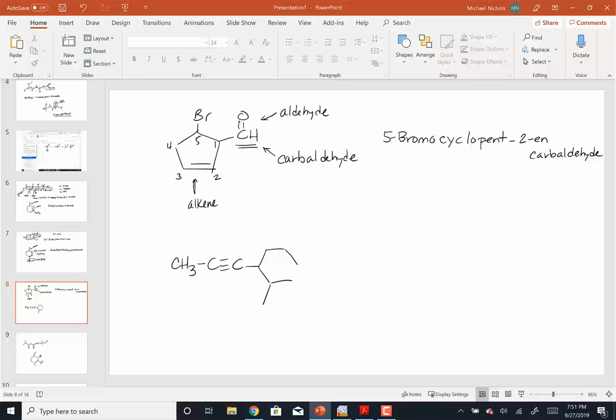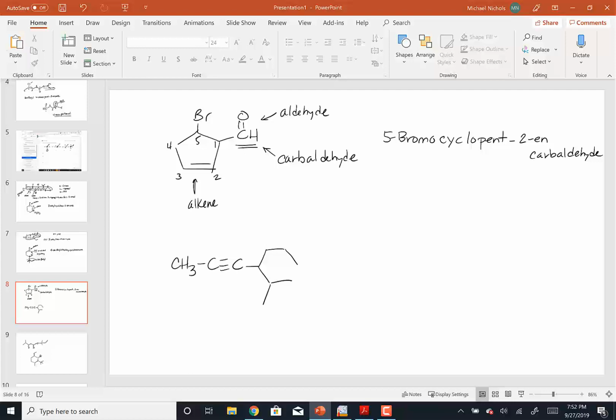For rings less than 7 or 8 carbons, all the double bonds will always be defined as being, quite honestly, cis within the ring system. So we don't have to worry about identifying double bonds as cis or trans when we have double bonds within rings.